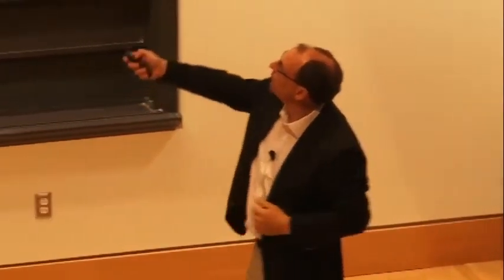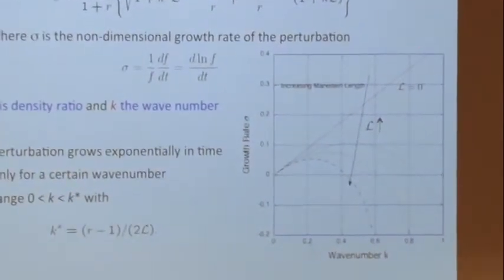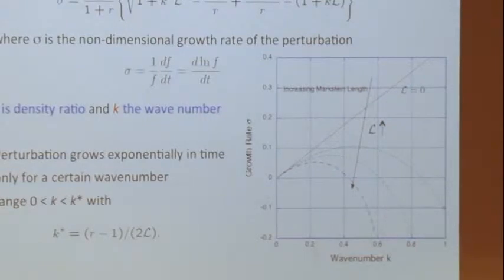You see that for all wave numbers, where the wave number is 1 over the wavelength, so a large wave number is a small wavelength perturbation, this growth rate is positive, which means it's always unstable, unconditionally unstable.